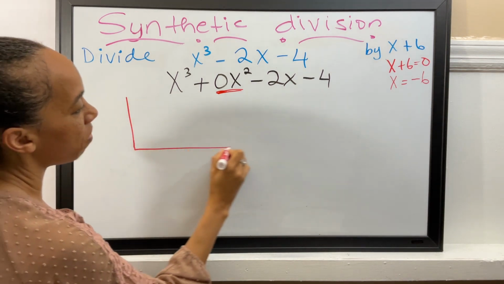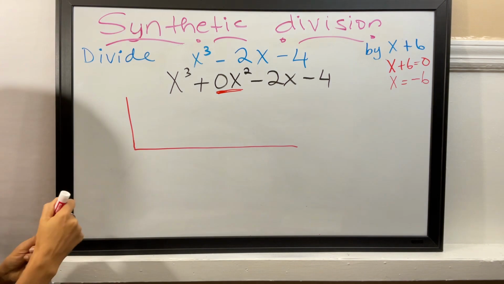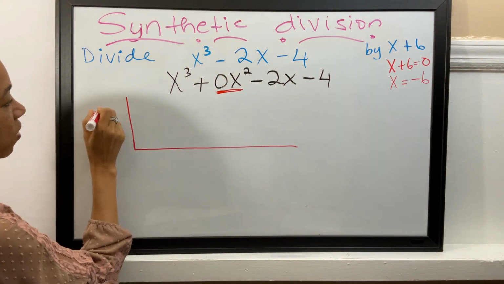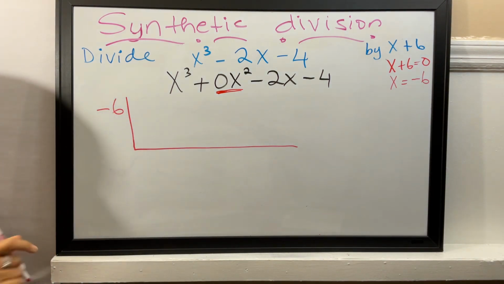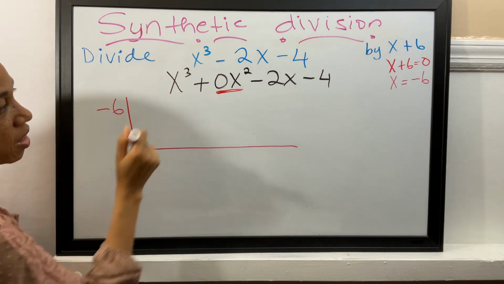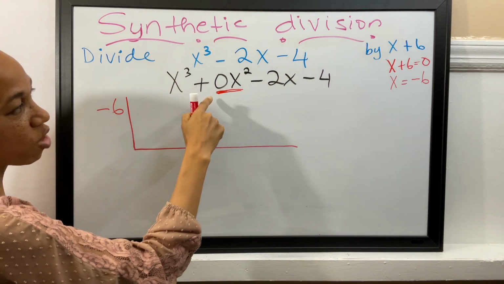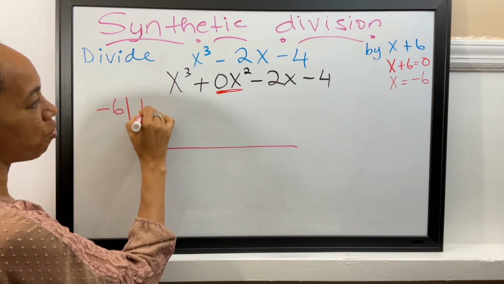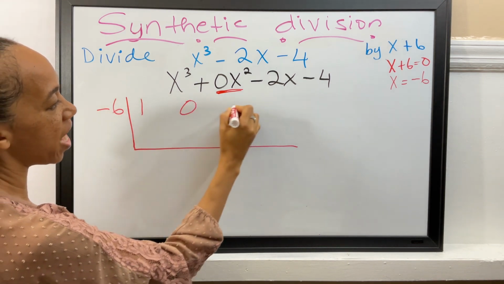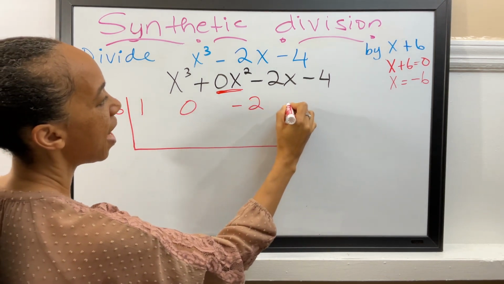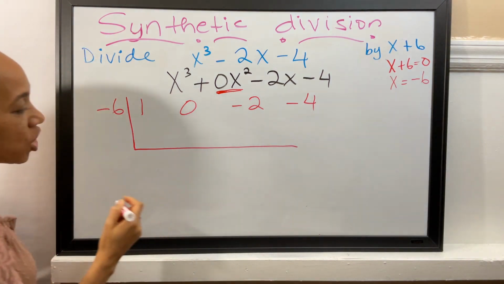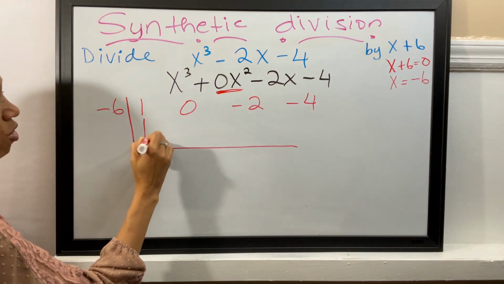I'm going to use my box, and I'm going to place that negative 6 on the outside. So my box is upside down. Take the leading coefficient of each of the terms. So I have 1 here, I have 0 here, I have negative 2 here, and I have negative 4 here. So I'm going to go ahead, bring this down, drop it down.